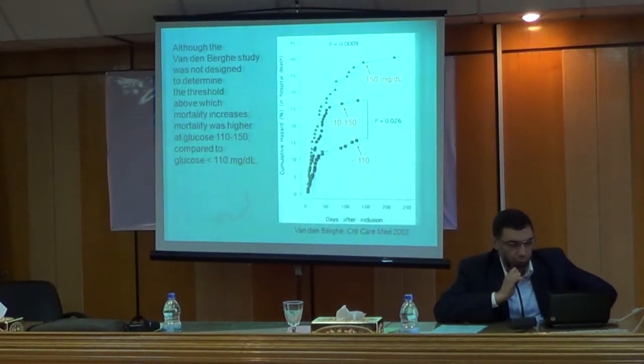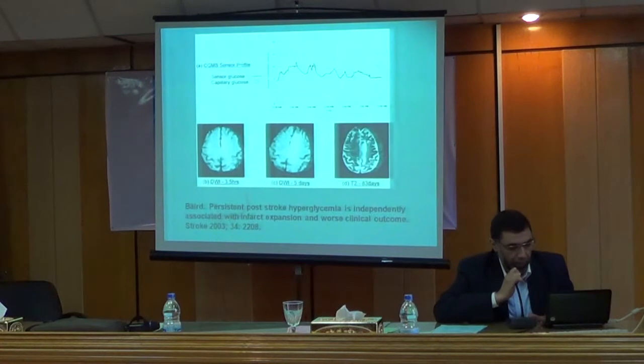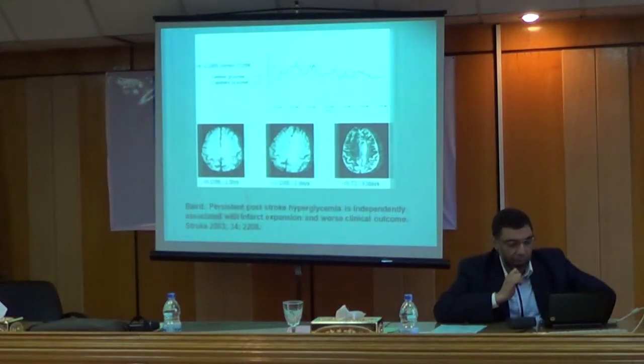Although the Van den Berghe study was not designed to determine the threshold above which mortality increased, it was clear that above 110 to 150 glucose, the mortality markedly increased. Again, persistent post-stroke hyperglycemia was independently associated with infarct expansion and worse clinical outcome.